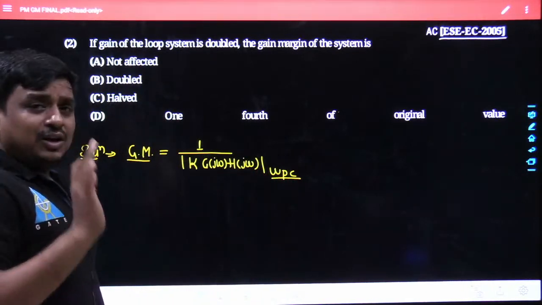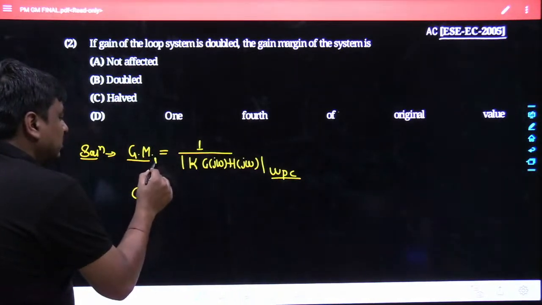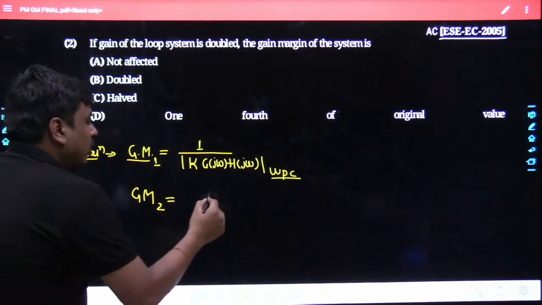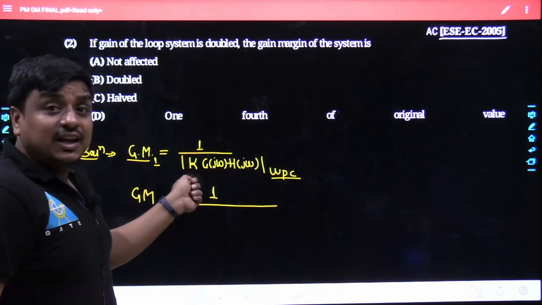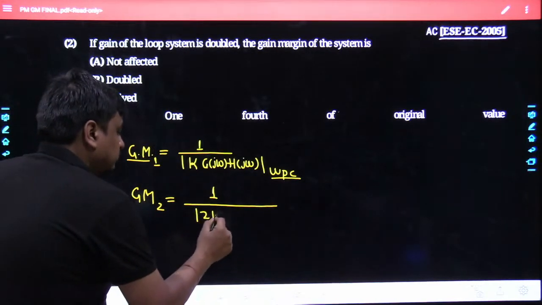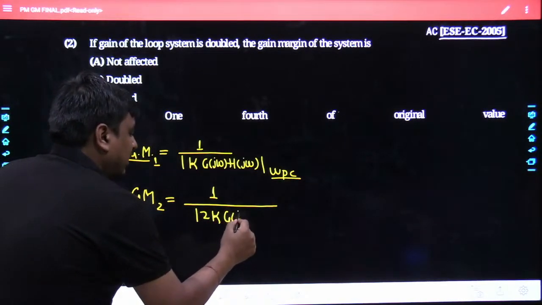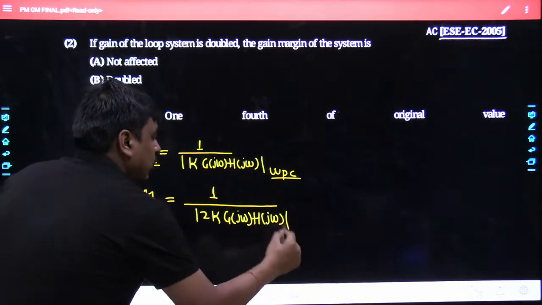Yes. Now in the second condition, I need to calculate the new gain margin when only one change has taken place. Initially gain was k, now it has been changed to twice of k. The rest of the factors remain as they are. That means as such there is no change in the OLTF.